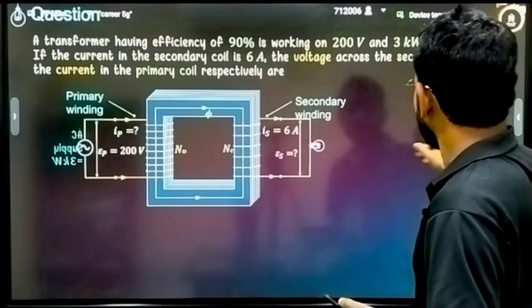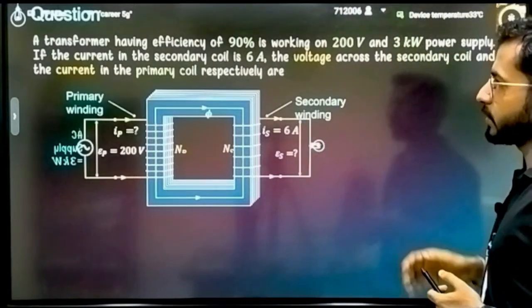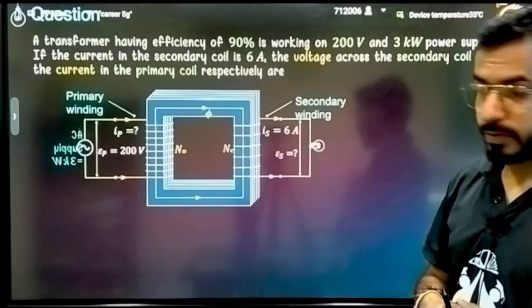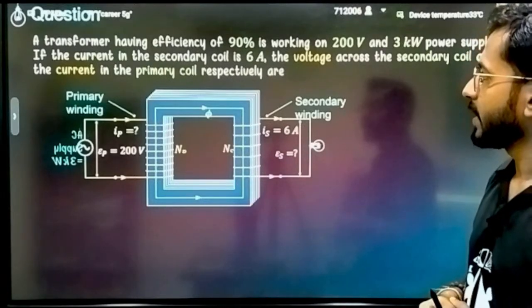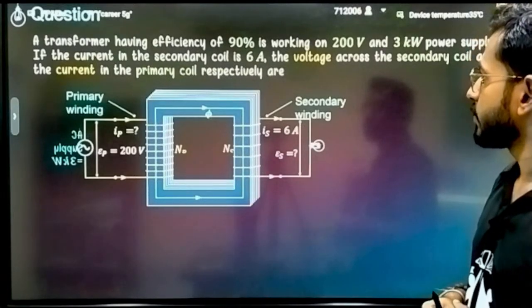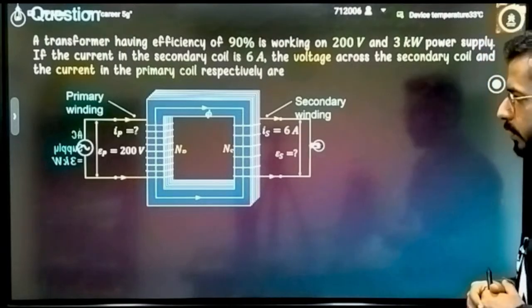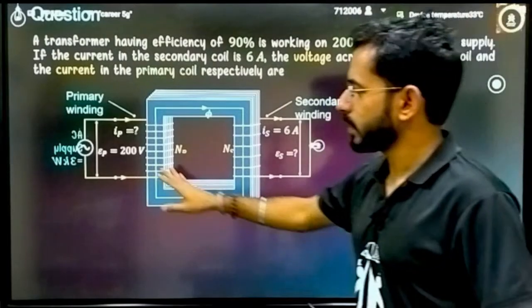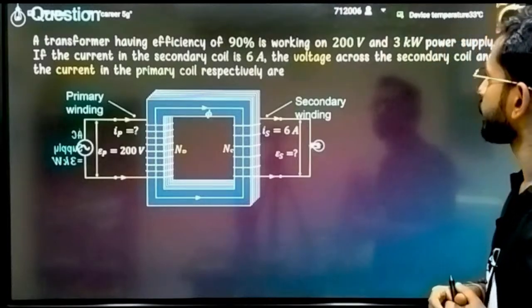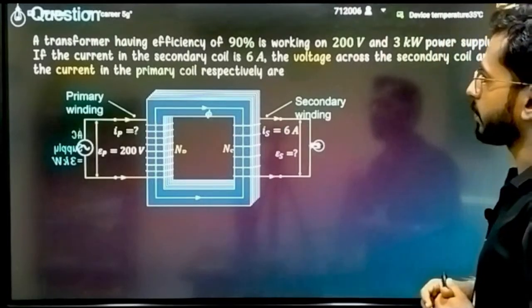Now there is a question, try to solve it. See what the question is. A transformer having an efficiency of 90% is working on 200 volt in the primary circuit, with a 3 kilowatt power supply.